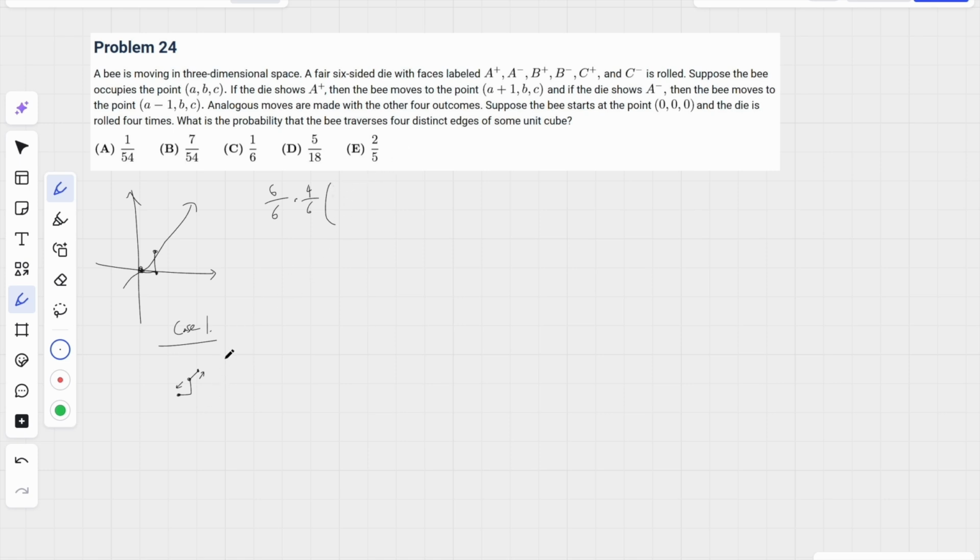So here, and then afterwards for the final move, without loss of generality, let's say it went here, then it has two options. It can either go this way or this way.